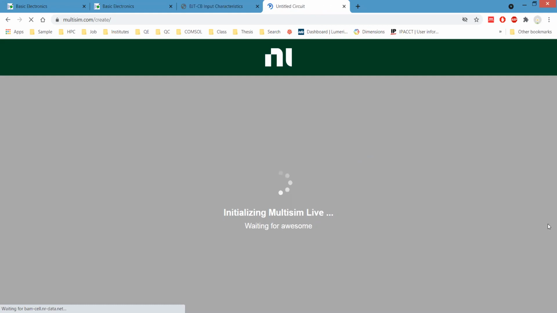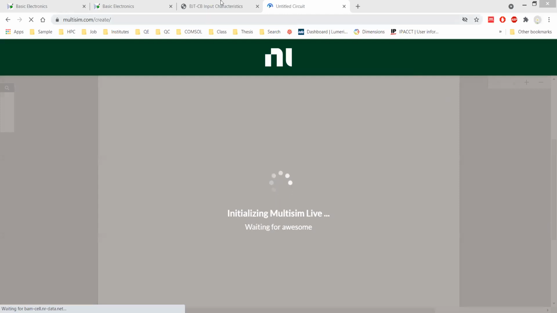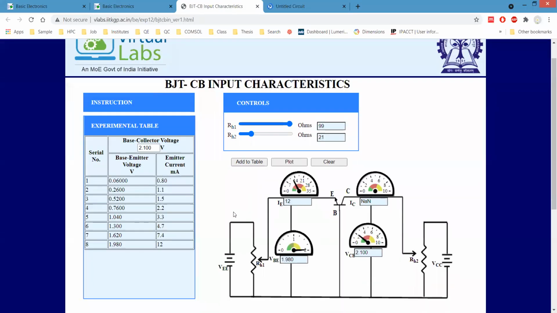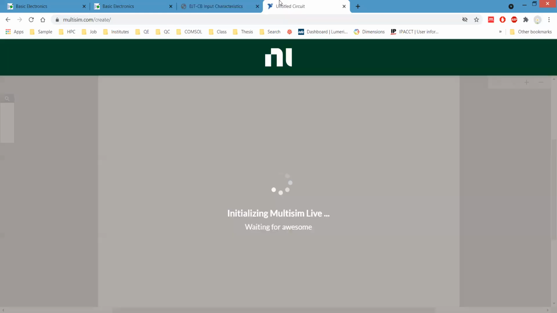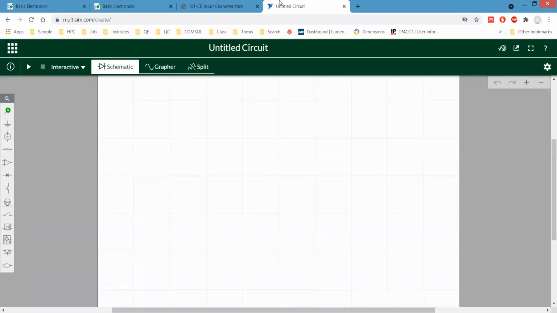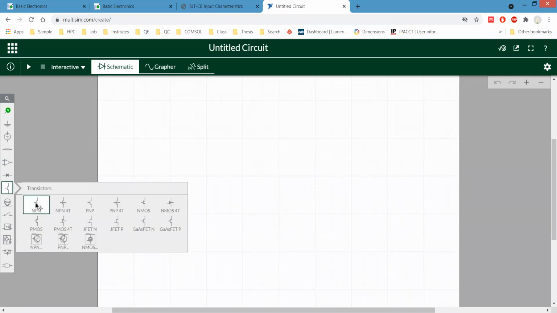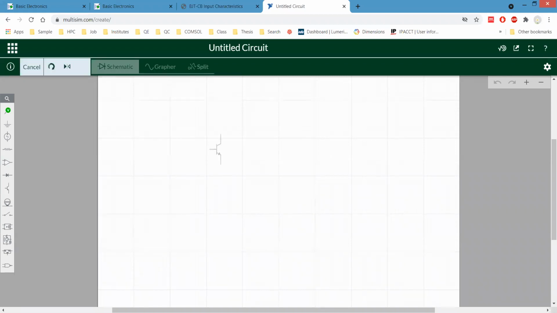In Multisim we will draw the same circuit for common base. In this case they have applied no resistor across any of the electrodes, but as already discussed, for lab purposes we have to apply a resistor across all the electrodes. So let me draw the circuit first. We'll have an NPN.